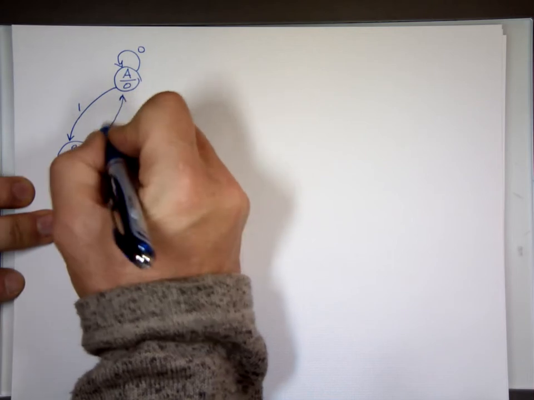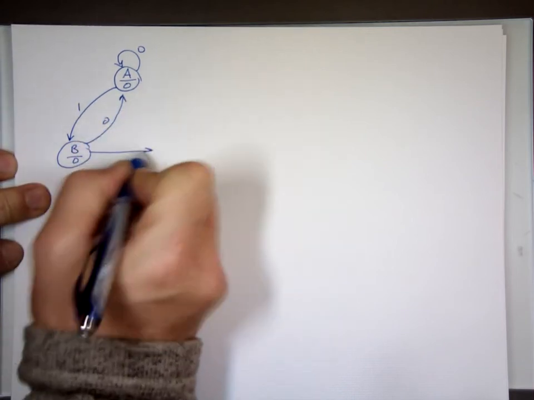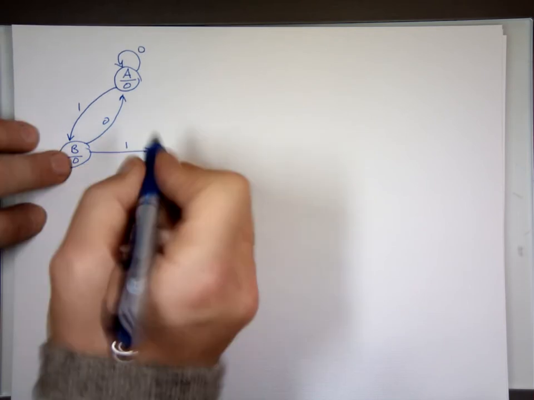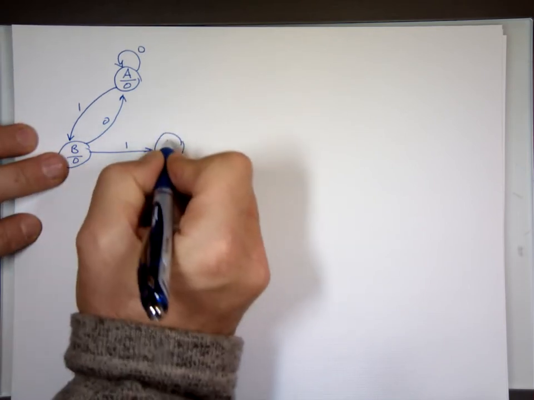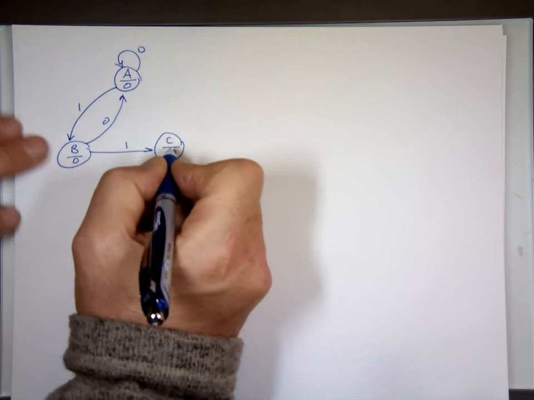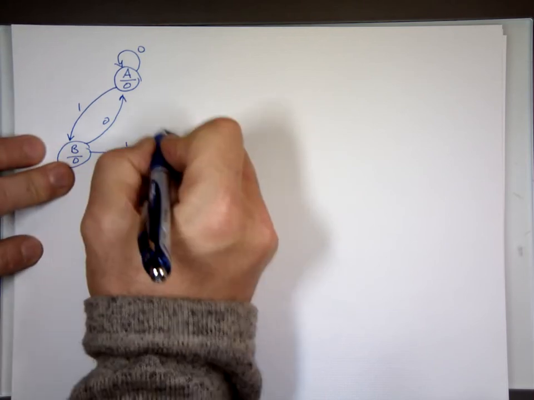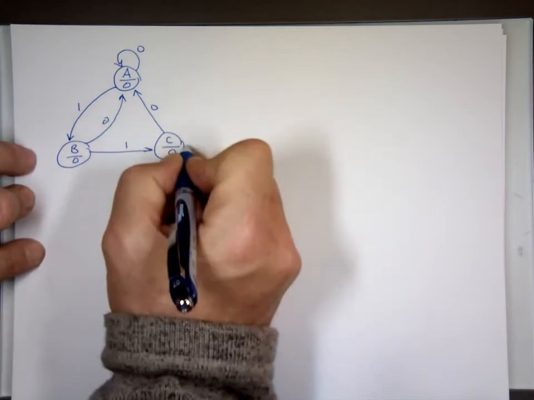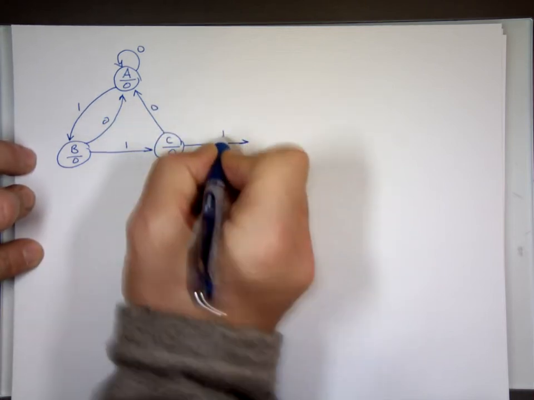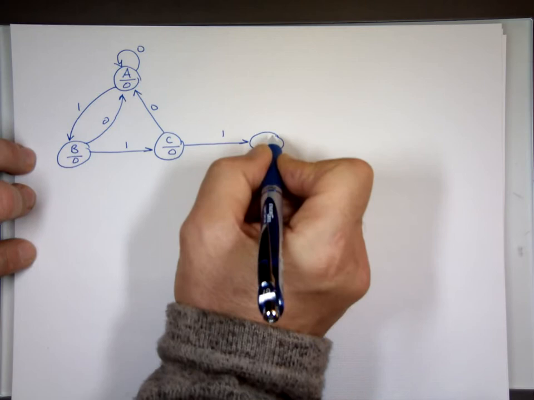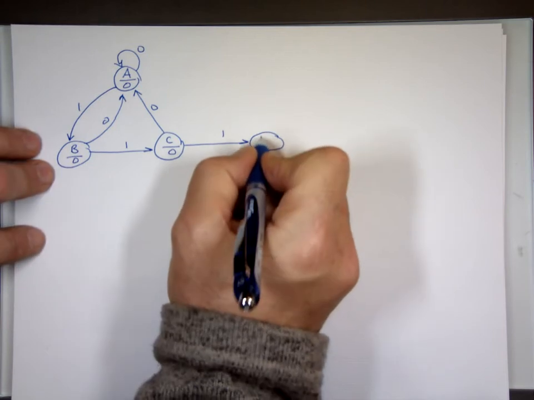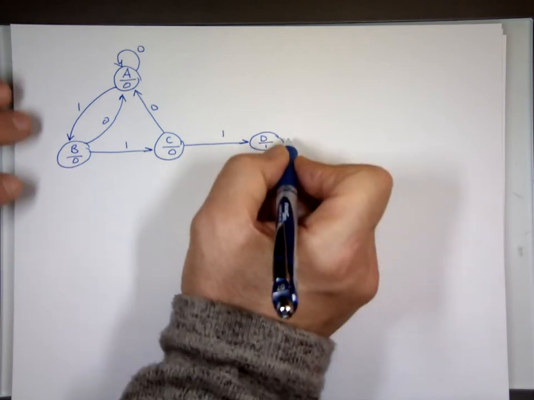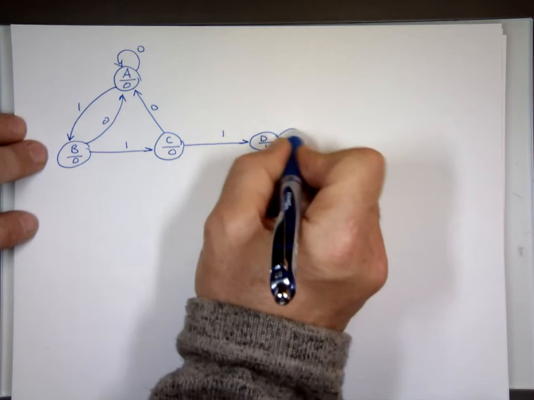You put a 1, you go to this one, state C. You put a 0, you go right there. You put a 1, you go to another state, state D. At D, you get a 1 for output. You put a 1, you stay here. You put a 0, you stay here.